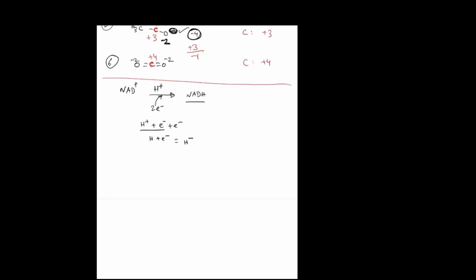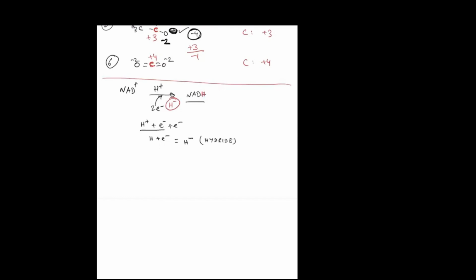What is that H minus called? Hydride. So this is a hydride. Okay. So when you have H plus and 2 electrons, you think of that as H minus. Okay. So that H minus is what gets attached to the NAD plus to make NADH.